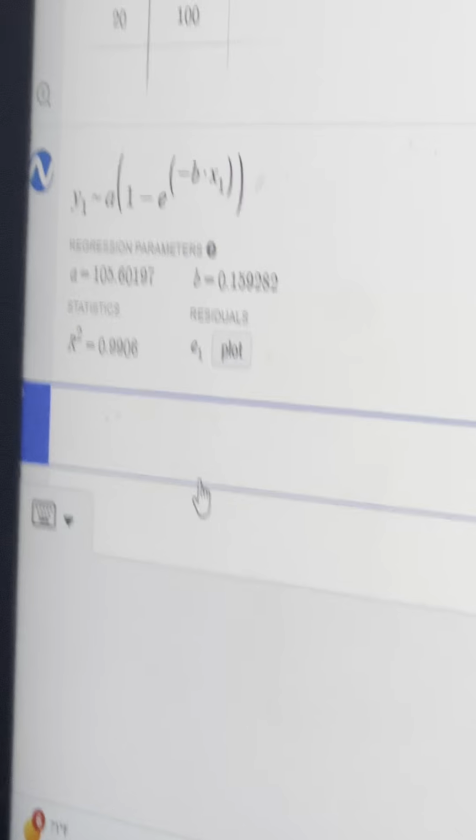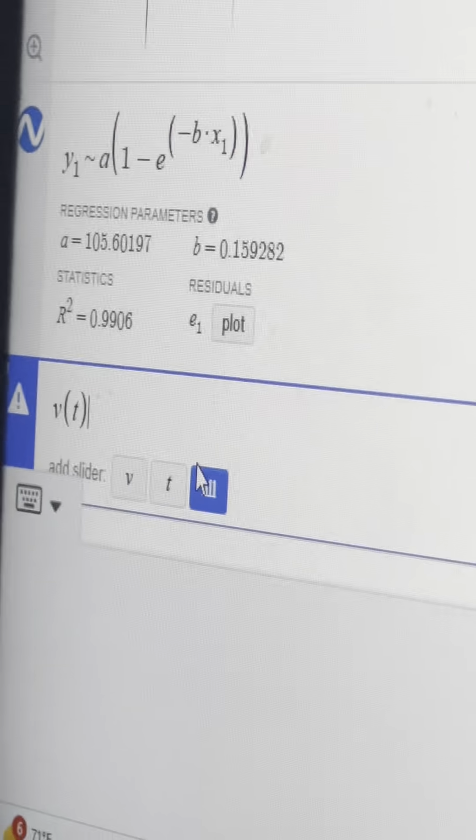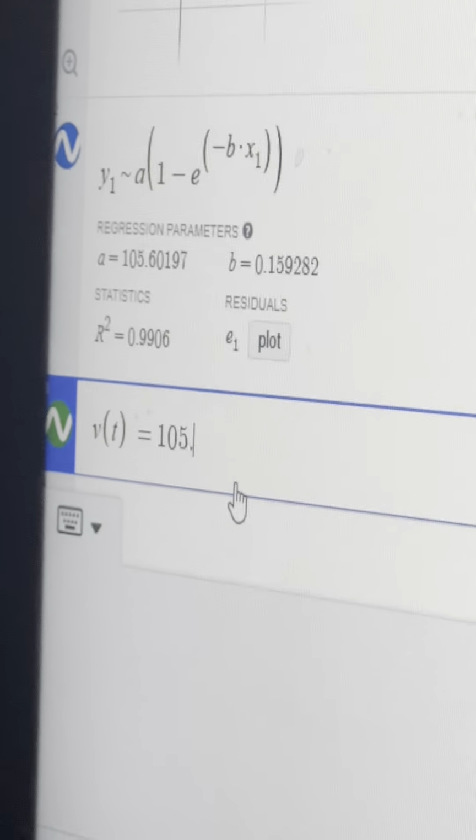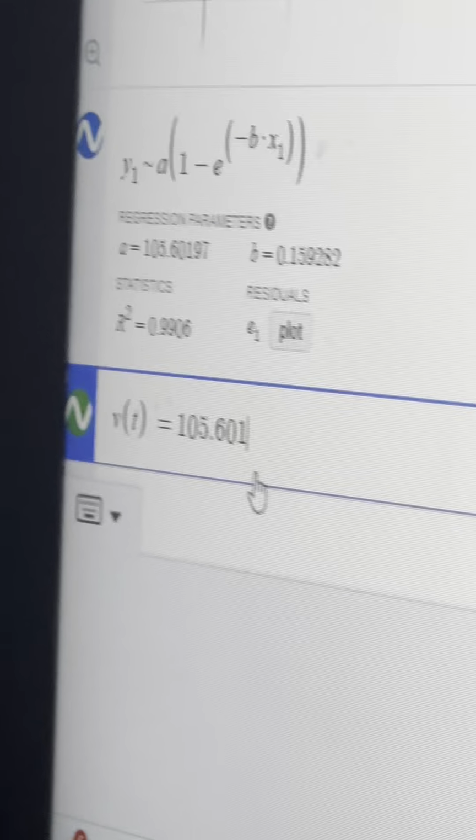Alright. So the equation is velocity as a function of time equals A, all the numbers, all the decimals. Even though it's not precise, we make it as precise as possible.